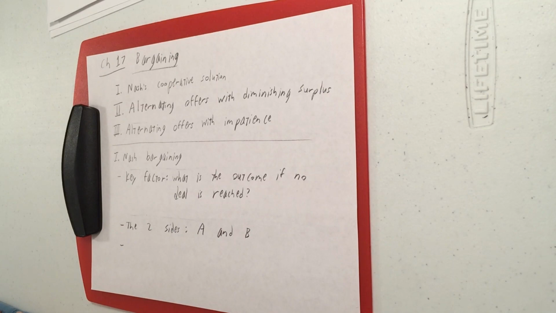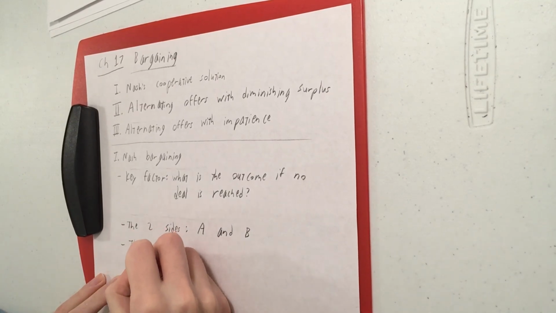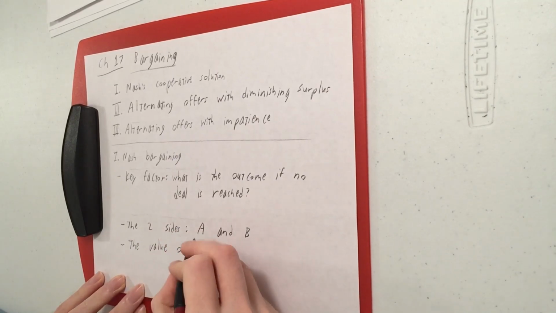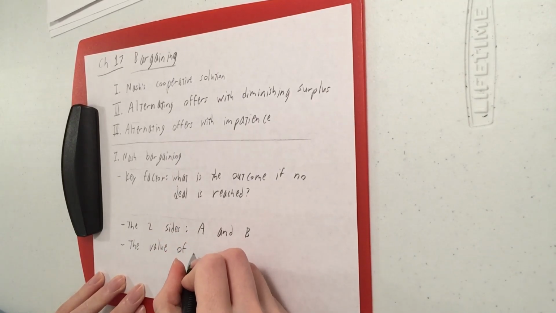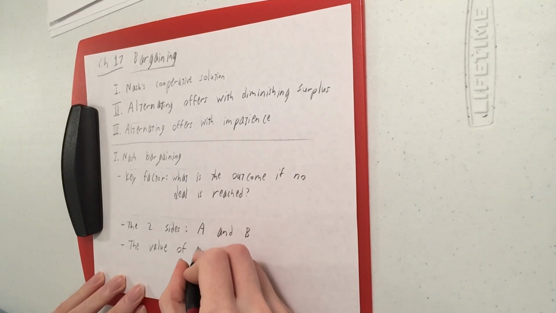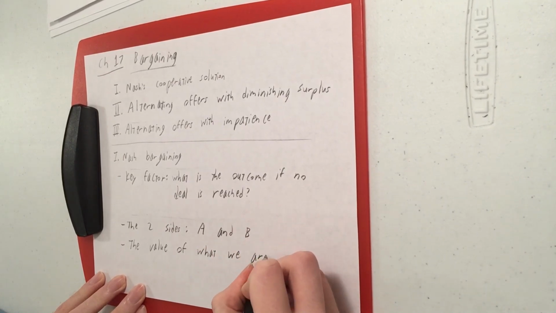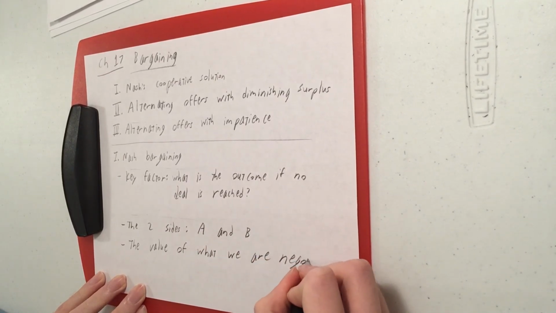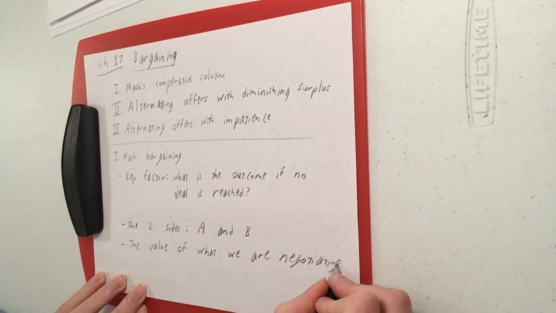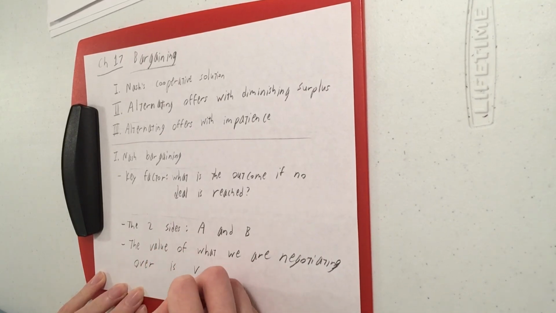Let's say we're trying to divide up V. So V is the value of what we're trying to split up. So V for value.